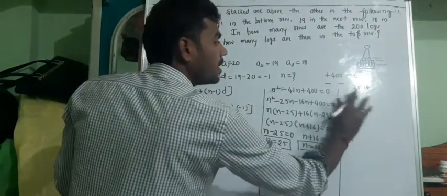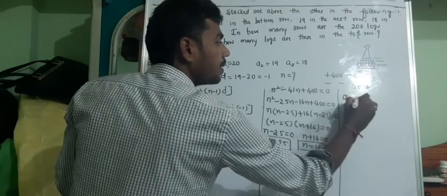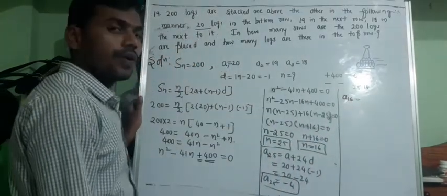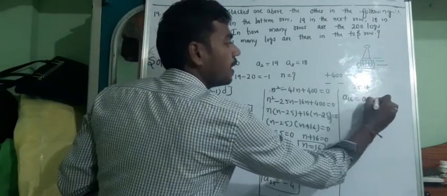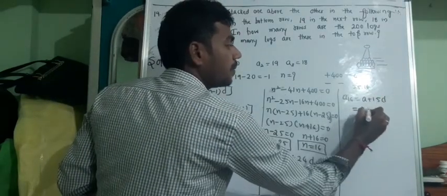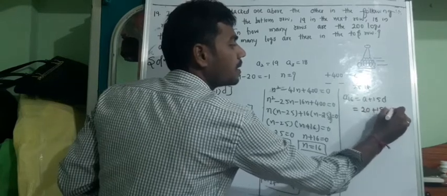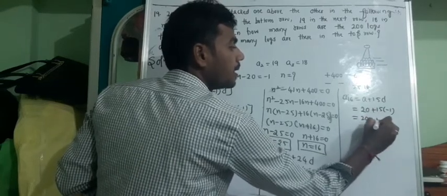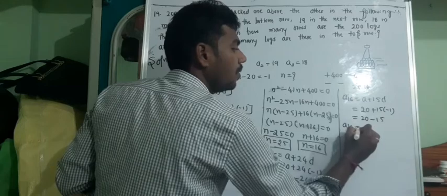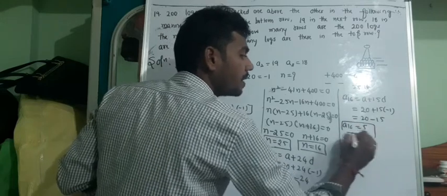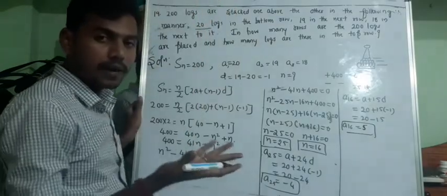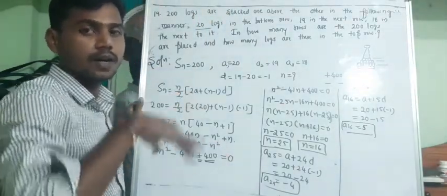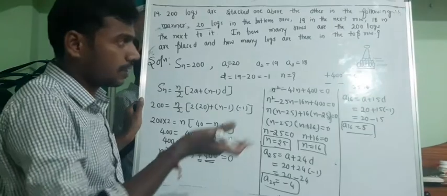So if I consider A16, see there are 16 rows, then a plus 15d. a is nothing but 20 plus 15 into minus 1. 20 minus 15, A16 is equal to 5, which is practically feasible. We can place plus 5 wooden logs on the top row, but we cannot place minus 4 wooden logs on the top row.